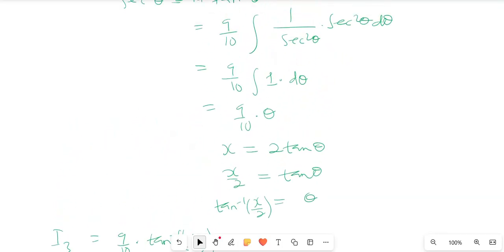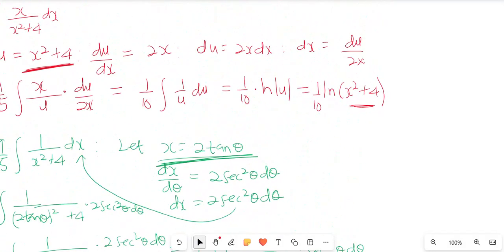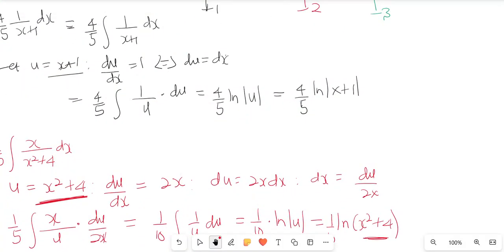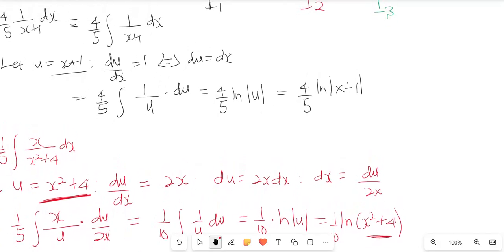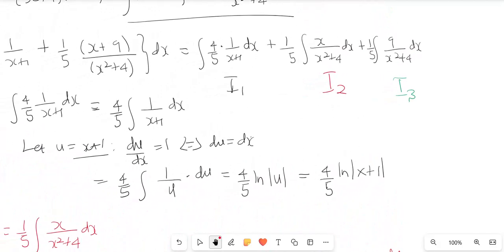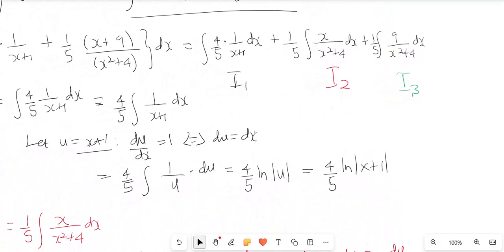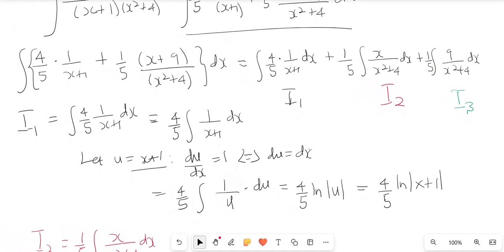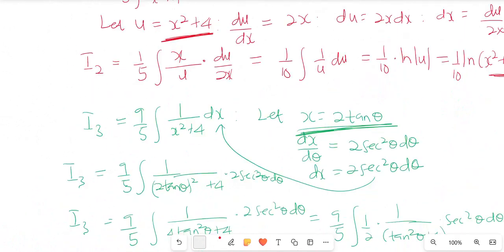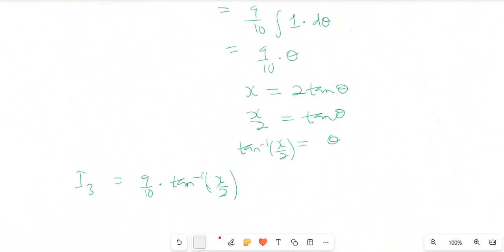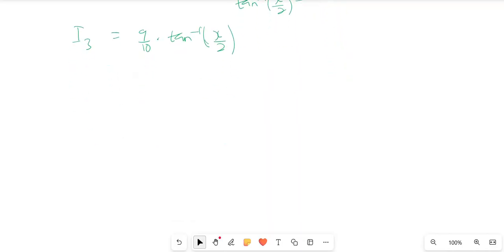So we have the value of the third integral in green, the value of the second integral in red, and the value of the first integral in black. So we can just put them all together, and that will be the value of our integral. So the integral of x squared plus 2x plus 5 all over x plus 1 times x squared plus 4 dx.